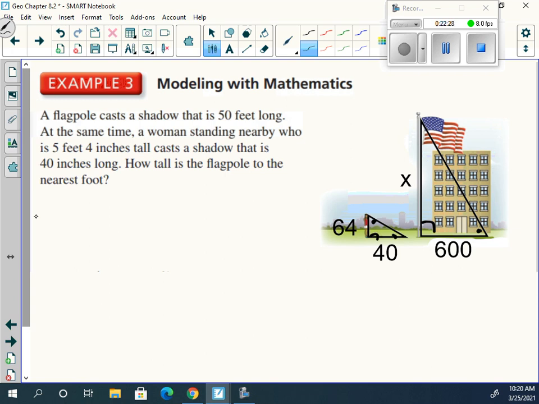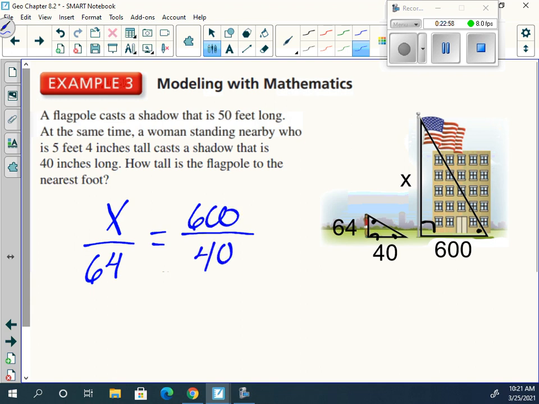So let's find x. It's kind of like what we did yesterday. We would have the height of the flagpole over the height of the woman, which would be 64, is equal to what? 600 over 40.